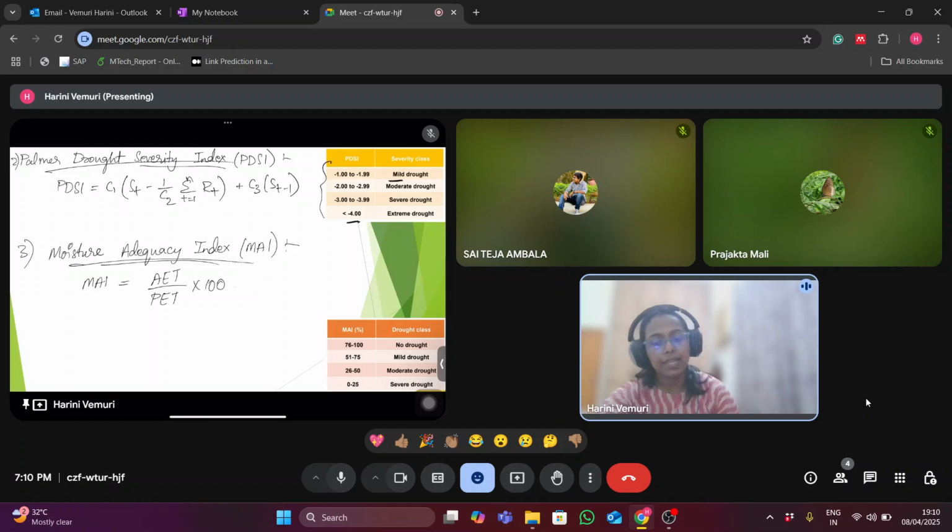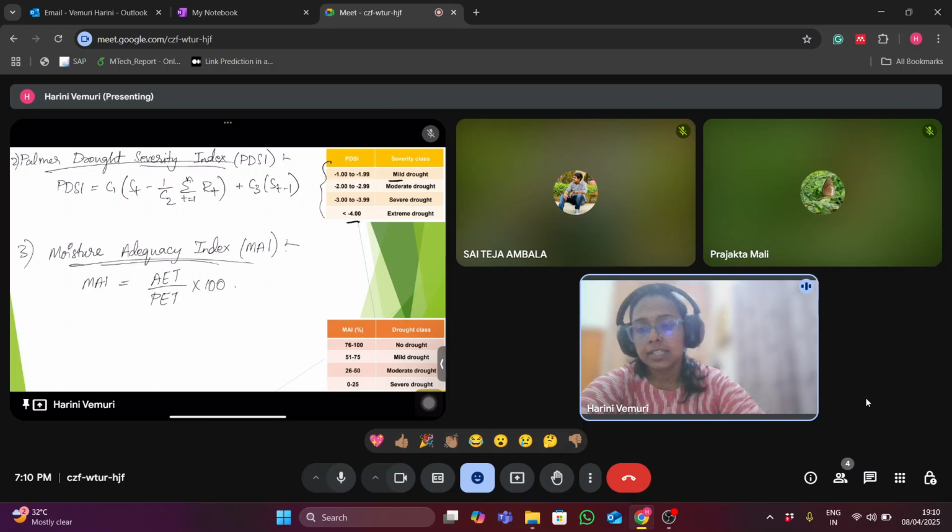It was developed by ICAR, Central Arid Zone Research Institute, in Jodhpur, India. Here they do a weekly water balance, which is better in assessing the degree of adequacy of rainfall and soil moisture to meet the potential requirements of the crop. It was developed in India, so it is mainly applicable to Indian regions, more suitable I would say.